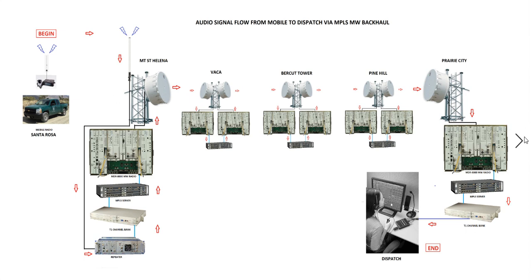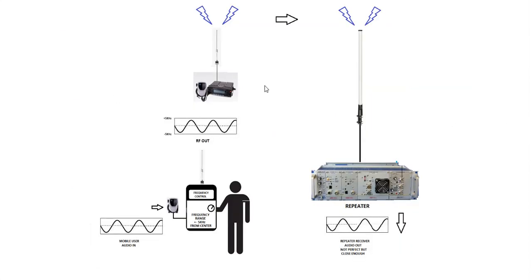So if we move over here, this is a blow up of our first section. We have our two-way radio here, and we have our repeater receiver here, and it's pretty straightforward. Everybody understands. You talk into the microphone here, goes out the antenna and comes into the other antenna, and the sound comes out.